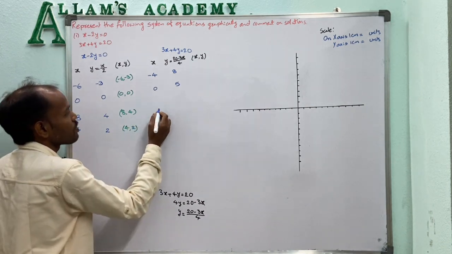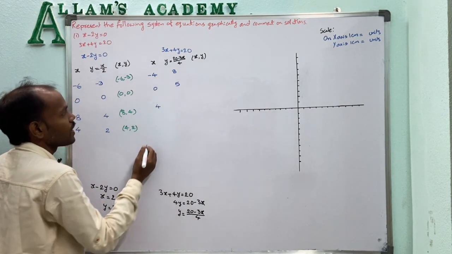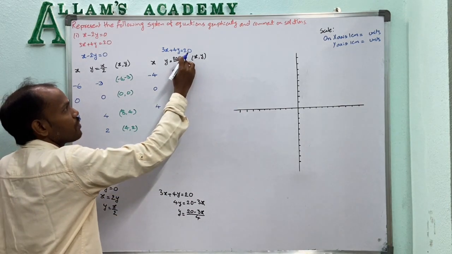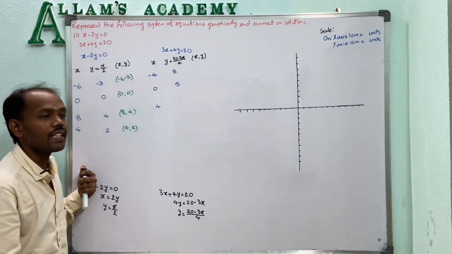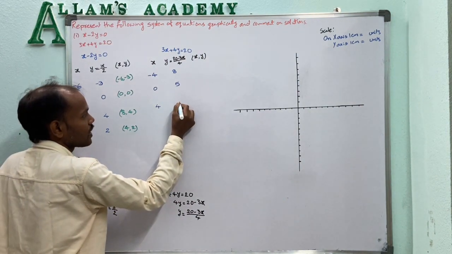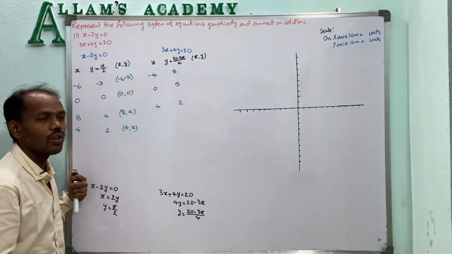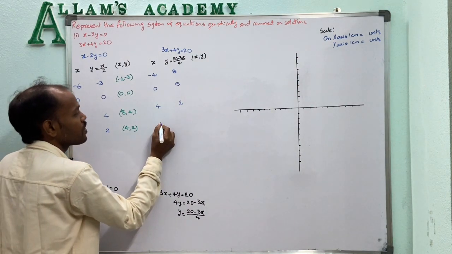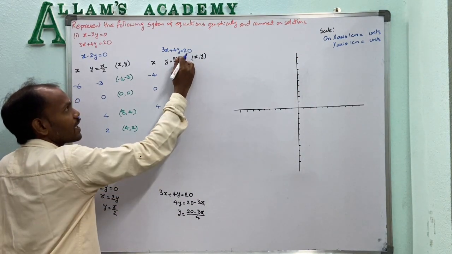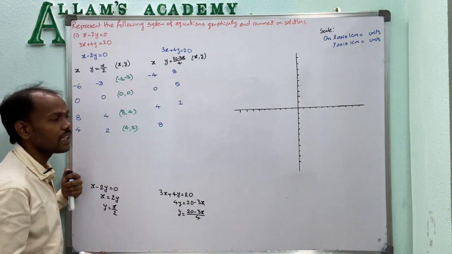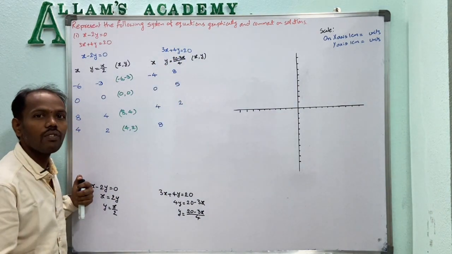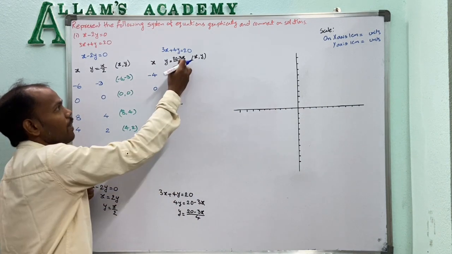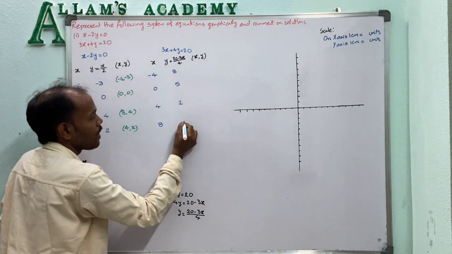If we substitute 4, then 3 fours are 12, 20 minus 12 equal to 8, 8 by 4 is nothing but 2. If I substitute 8, 3 eights are 24, so 20 minus 24 equal to minus 4, minus 4 by 4 means minus 1.